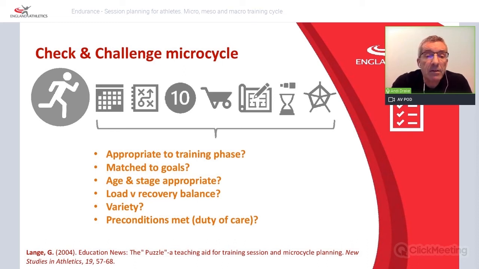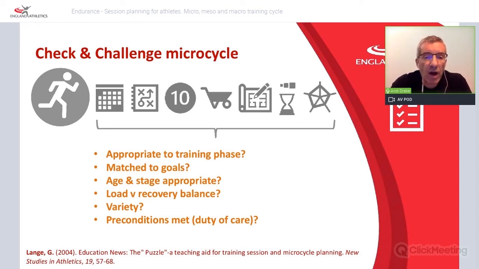Is it age and stage appropriate? So is it a training week that's appropriate for, for example, a late maturing 15-year-old from our earlier example? Is there enough recovery written into that? Is there enough variety?